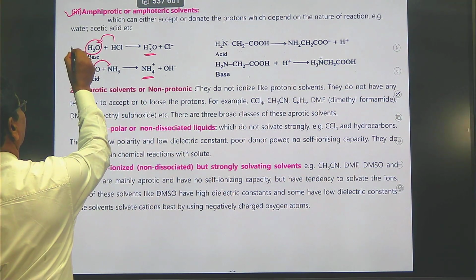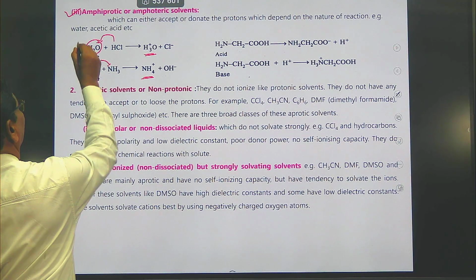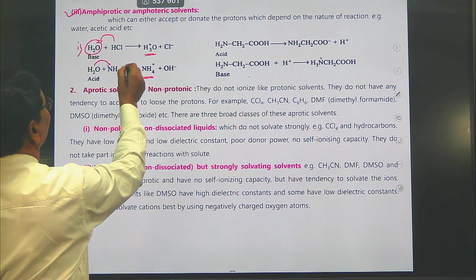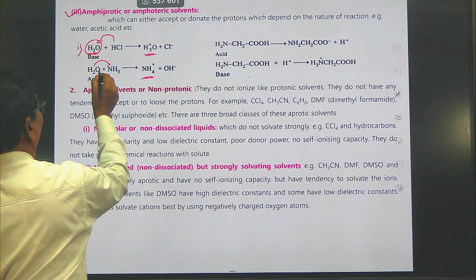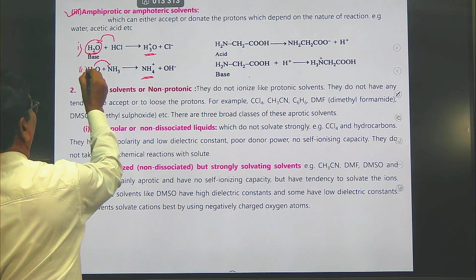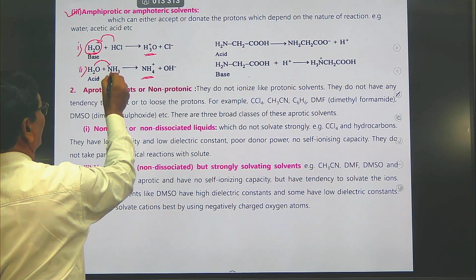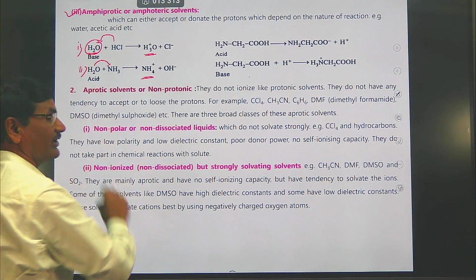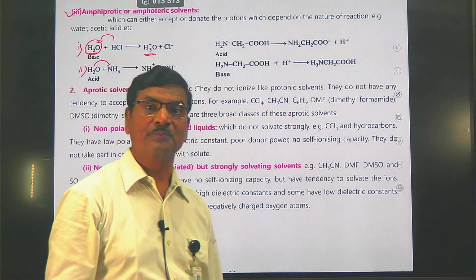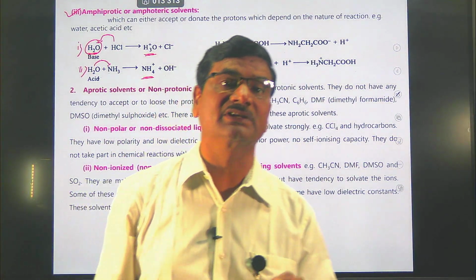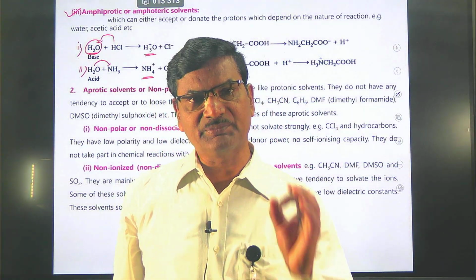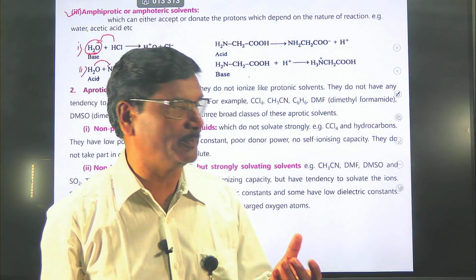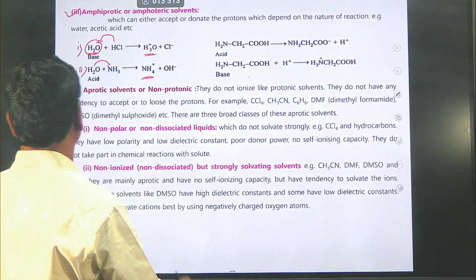It means in the first reaction water accepts the proton, so water is acting as a base. In the second reaction, it donates the proton, so H2O is acting as an acid. The same substance acting as an acid in one reaction and as a base in another reaction is called amphoteric nature.